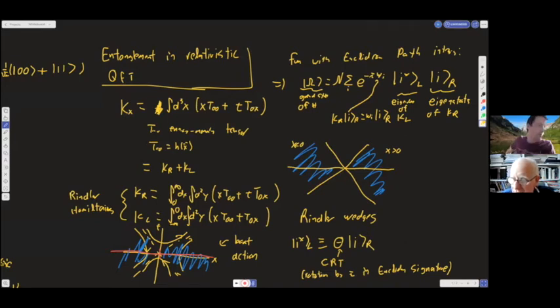Yeah, that's right. But I can do the split wherever I want, right? I chose to do it at x equals 0, but I could do it at y equals 0 or at x equals 10, or I could rotate it. So any split you make into two, there's going to be this entanglement. Okay.